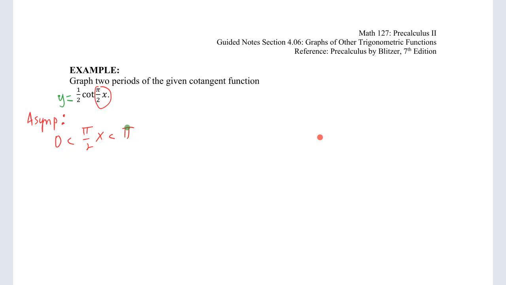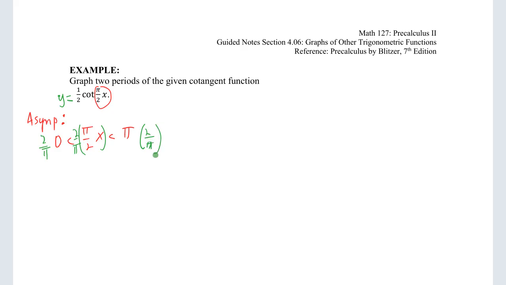The reciprocal of pi over 2 is 2 over pi. The reason we multiply by the reciprocal is so that we can make that pi over 2 equal to 1.